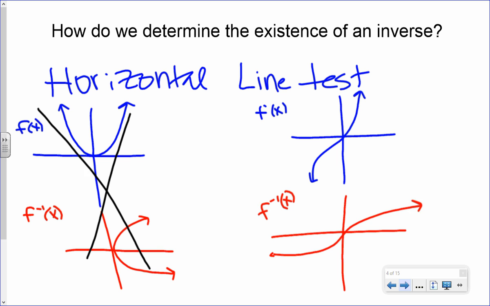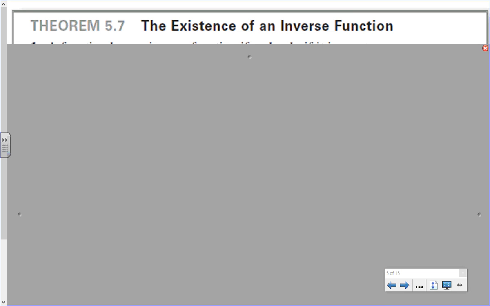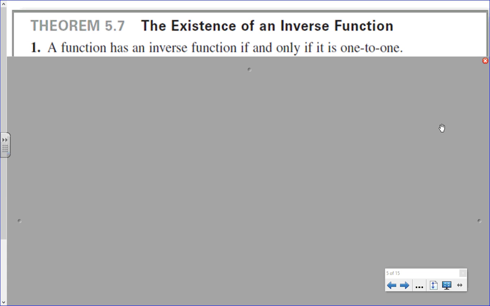But does anybody remember what we call those functions? It's okay that you don't remember. Maybe when I say it, you'll remember, or maybe not. If a function has an inverse, then we call it 1 to 1. There's 1 x to 1 y, 1 y to 1 x, because it passes both the vertical and horizontal line test.